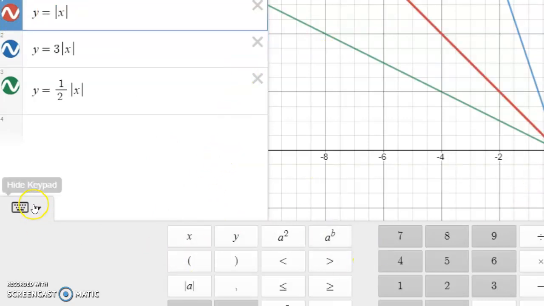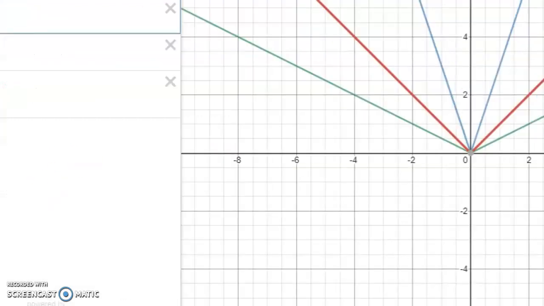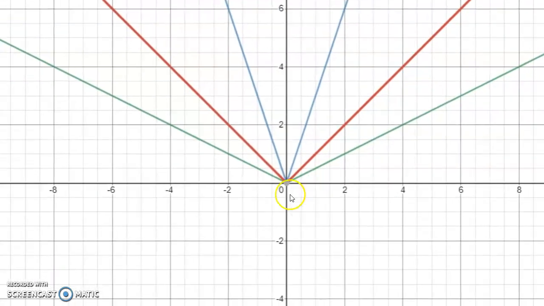Okay, and here's what you've got on a family of graphs here. Your red, again, was the standard one of absolute value of x. Then the blue was your 3x, and the green was your 1/2 absolute value of x.